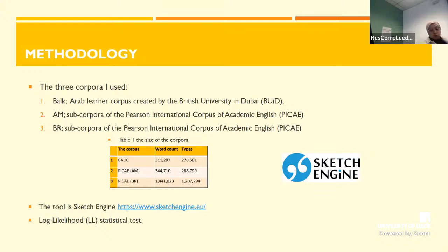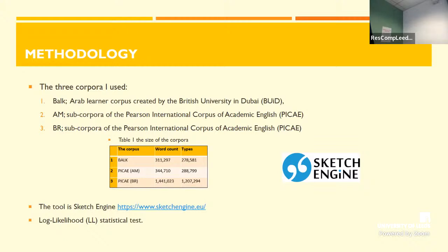Okay, so this is the methodology. In my study, I used 3 corpora. The first one is BUE, which consists of Arab students' writing. It was compiled by the British University in Dubai, and most of the students there are either first year university students or in the last year of secondary school.